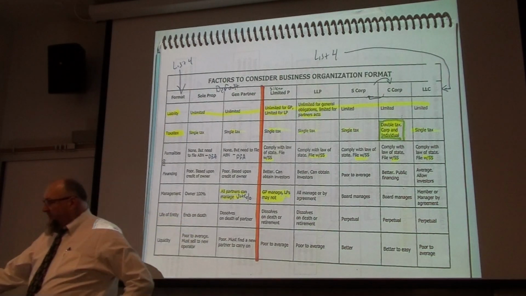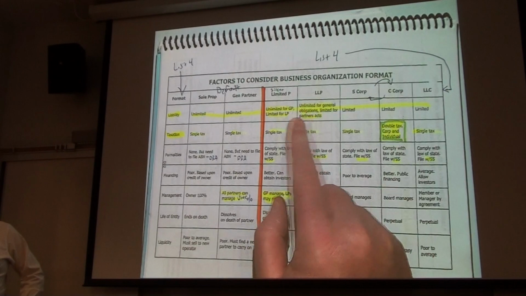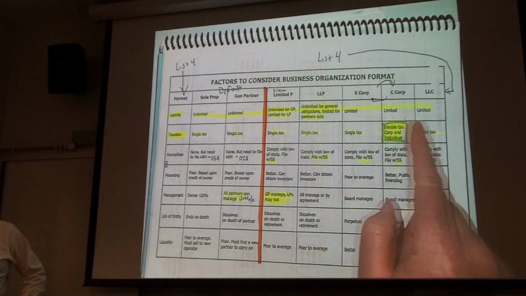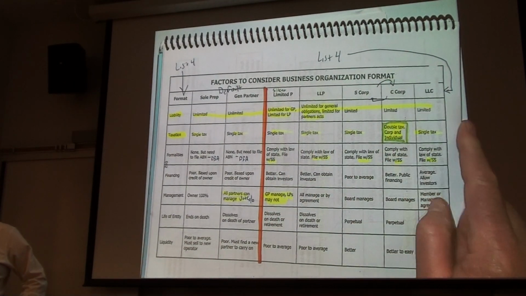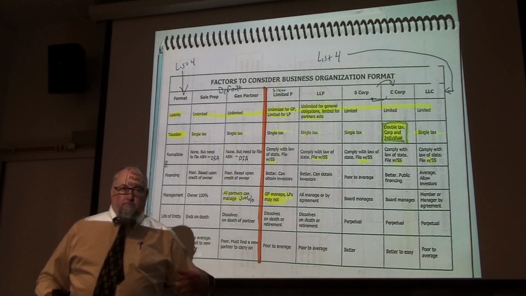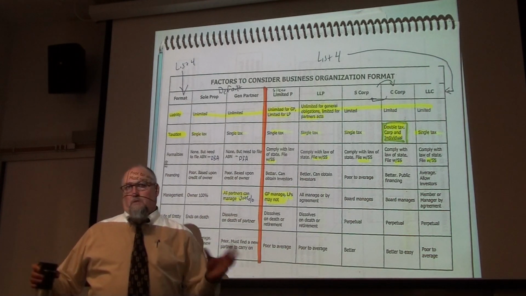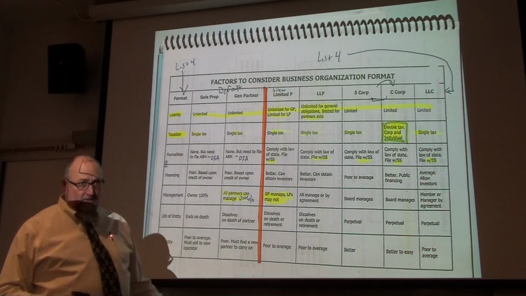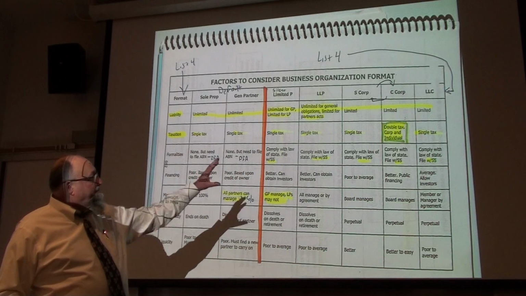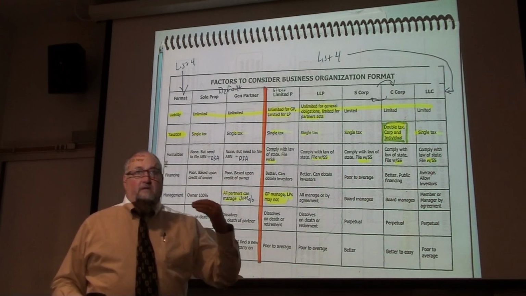On the other side of the liability barrier, we have partial liability protection here, and then full liability protection for corporations and LLCs. And that's why LLCs are becoming probably the most common form for small business nowadays. We'll get into it a little bit more in a different class, but that's what I'm referring to when I talk about liability.